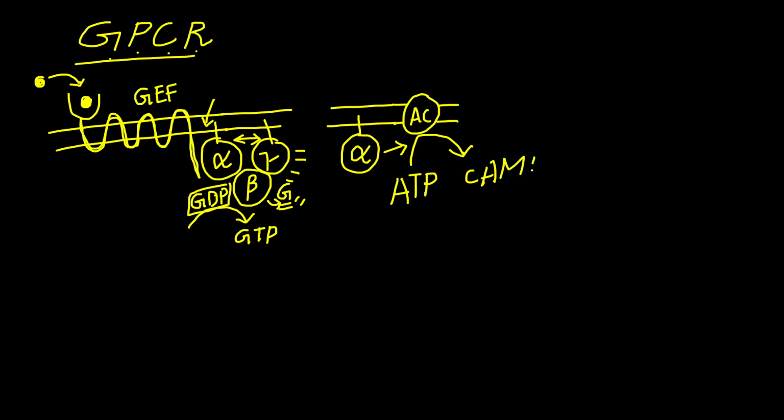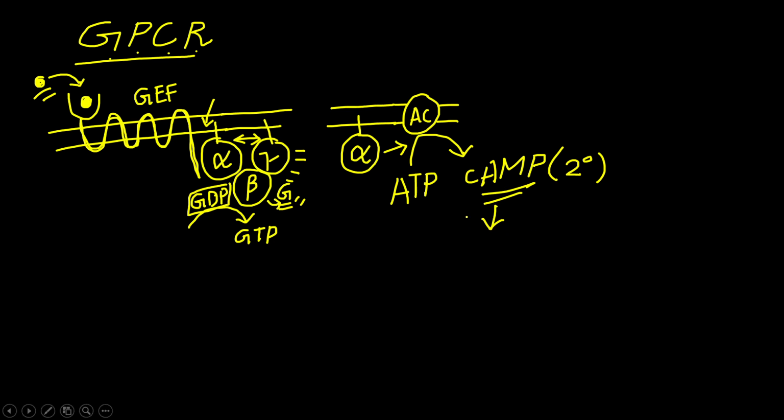And this cyclic AMP acts as a secondary messenger because the first messenger is the ligand itself, and the second messenger is cyclic AMP because it carries the information to the downstream protein molecules.